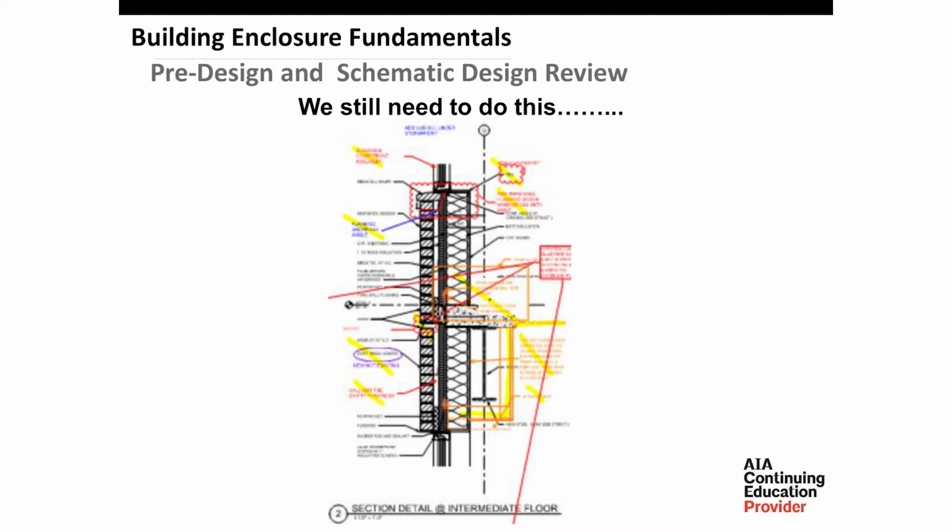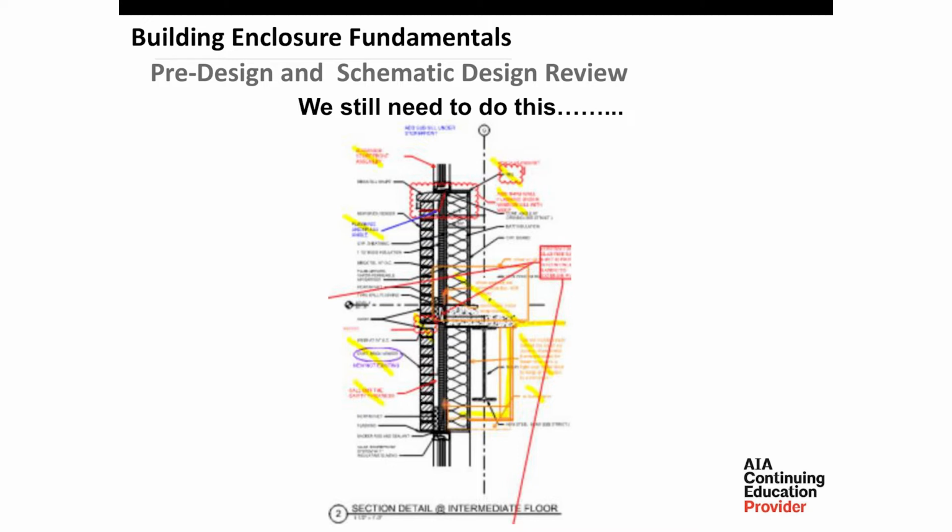And again, going back to building enclosure commissioning and those early phases of the project in pre-design and in schematic design, that's also what I think should be done at that level when we're talking about what we expect to get from the building enclosure commissioning provider and the level of feedback that they can give us.